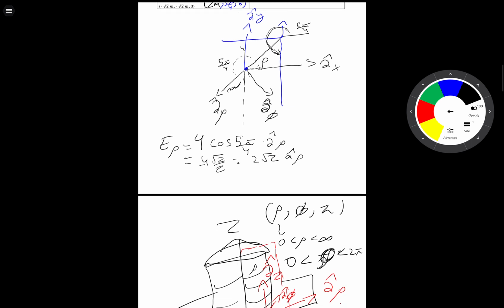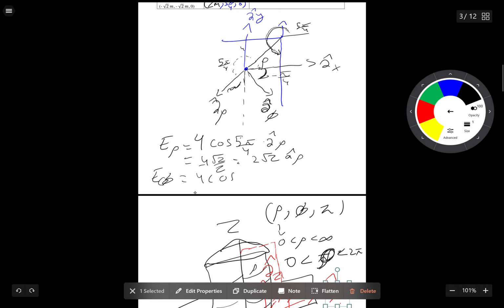And coming to our phi direction, let's suppose this is x, then the phi angle here is going to be negative pi over 4. So we can say 4 cosine. Let me just make sure this will work too. If I set this, then my hypotenuse is over here, and y is this line over here.